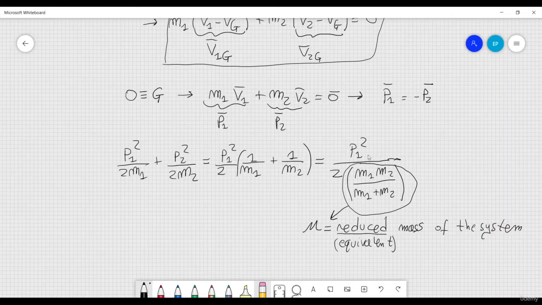Because if you take a look at how the expression is written down there, p1 squared is also equal to p2 squared, if you want, p2 squared over 2 mu, okay, where mu has units of mass, and this quantity here is just like the kinetic energy of a single particle whose mass is equal to mu. So it's the equivalent mass of the system, let's say. It's an equivalent mass of a one particle system. You can think of it that way.